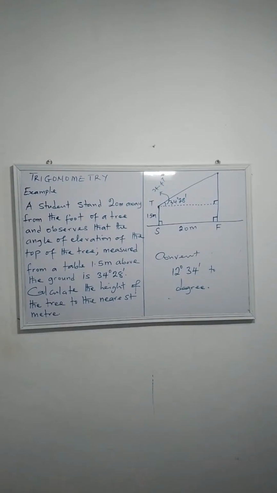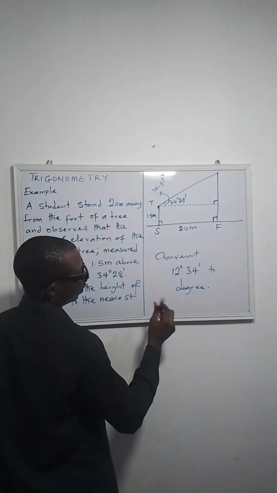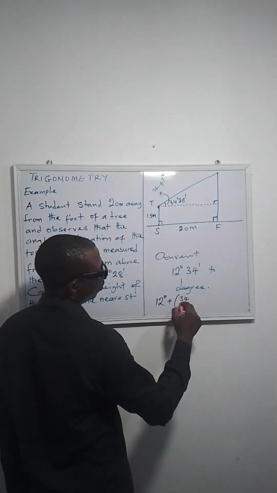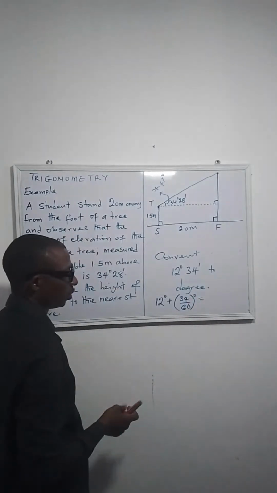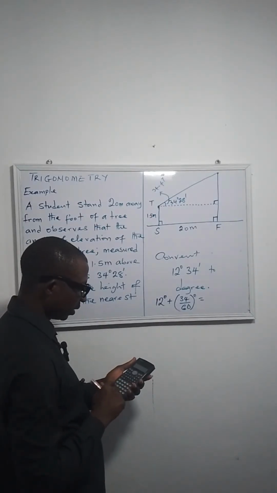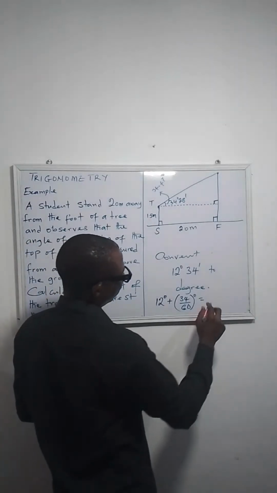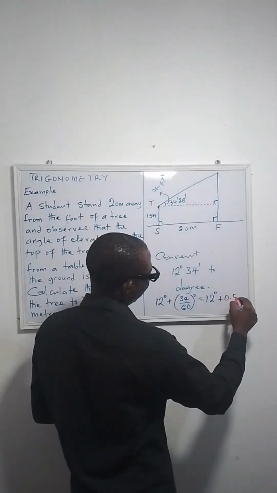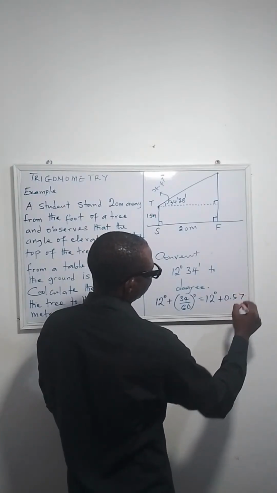Now to convert this to degrees, what you have is 12 degrees plus 34 over 60, and that is going to be in degrees. 34 over 60 gives you 0.56, or let's say 0.57 to 2 dp.